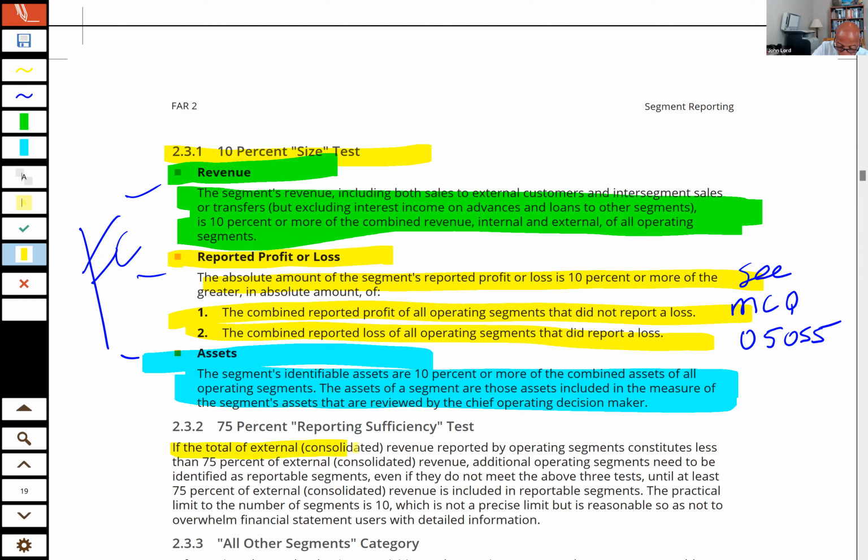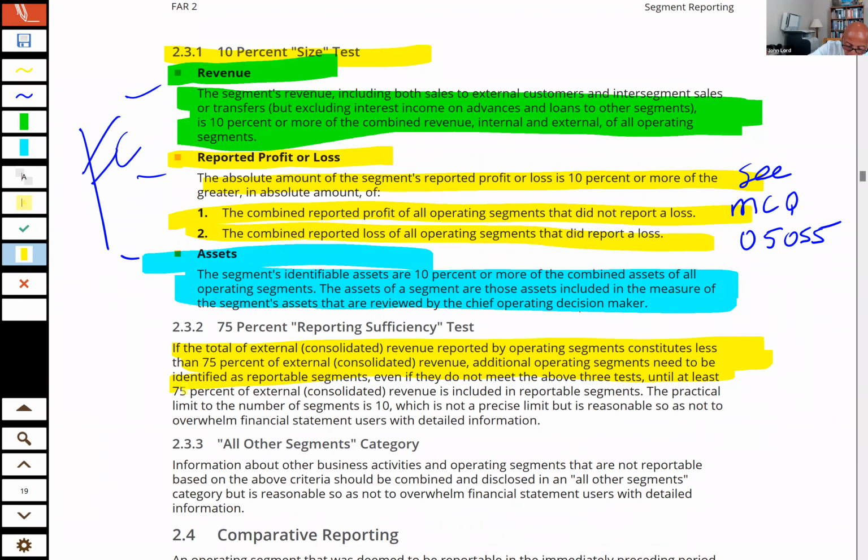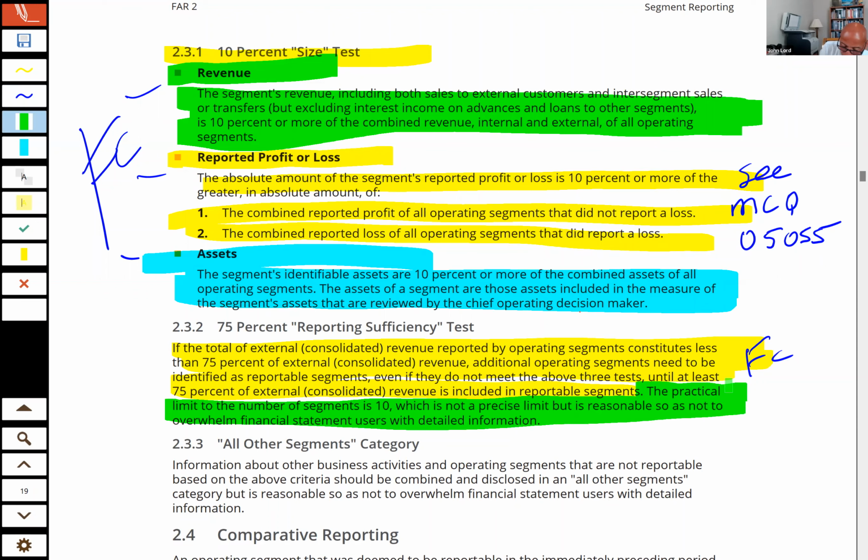If the total of consolidated revenue by the segments is less than 75% of the consolidated revenue, additional operating segments need to be identified as reportable segments until we have represented at least 75% of the consolidated revenue. As a practical matter, so that you don't overwhelm the reader of the financial statements, you should probably not have segments much greater than 10, because then we start to violate the understandability principle, because we just have too much information.